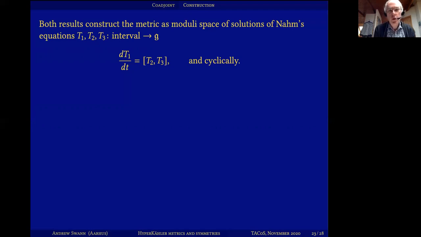So exactly which interval you take and what boundary conditions you impose give you different examples as above.